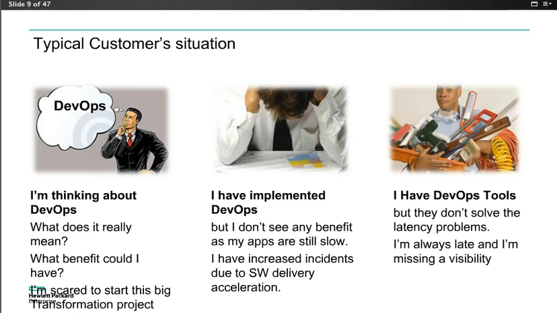The second group of customers already implemented DevOps, but still did not receive what they expected from DevOps. And the third group is that the customer has really well implemented DevOps tools and DevOps processes, but the KPIs, key performance indicators, show them that they are not progressing anymore.